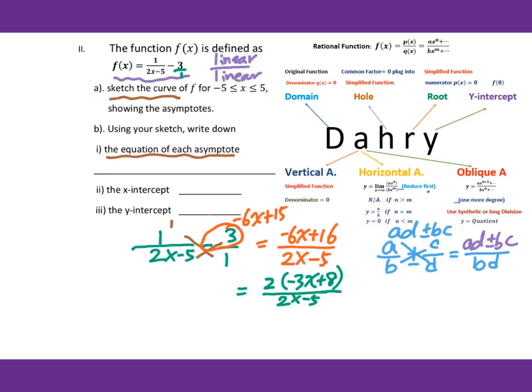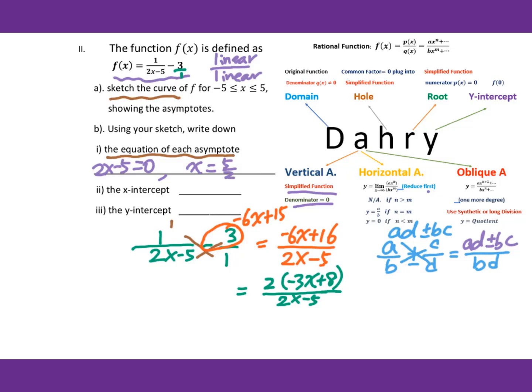We know the vertical asymptote line, that's the simplified function's denominator equal to 0. We don't have a common factor to be reduced. Therefore, we just set up 2x minus 5 equals 0. Then x equals 5 over 2.